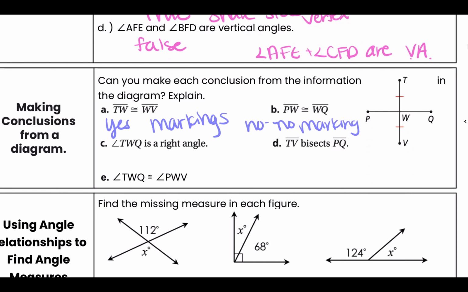Okay, they'd have to have the little lines to show it's congruent. Angle TWQ is a right angle. Nope, no right angle symbol. We need to have the little symbol in there, but we don't. D, segment TV bisects PQ. Nope, we need to have those markings on here to show it's a bisector.